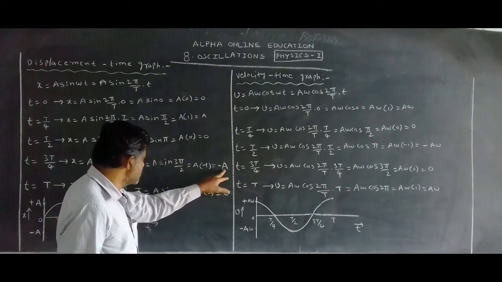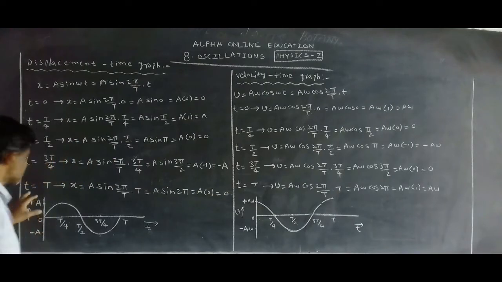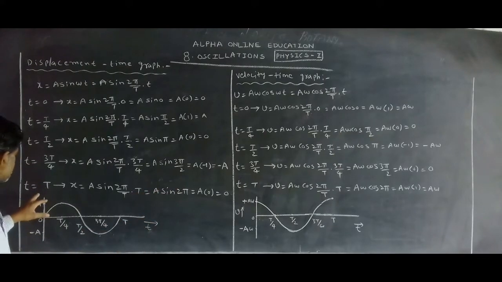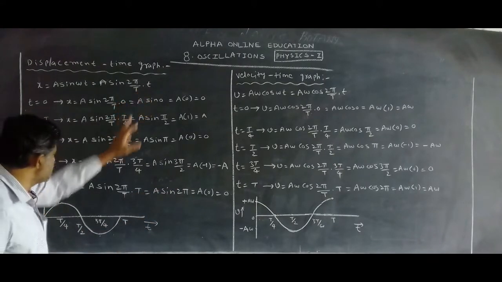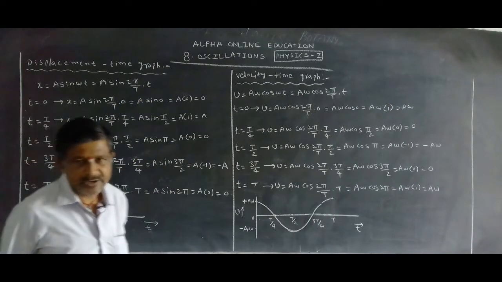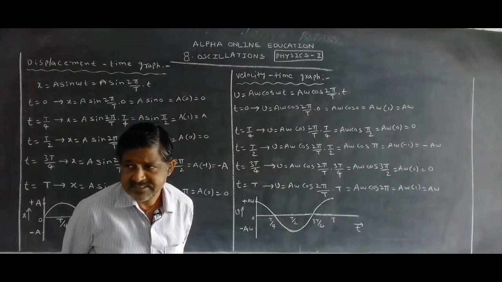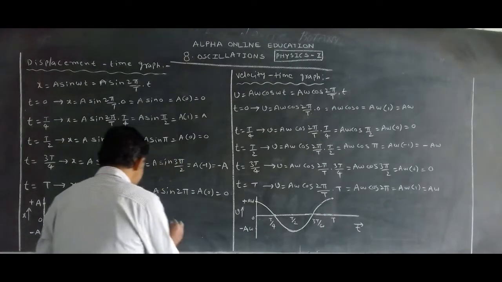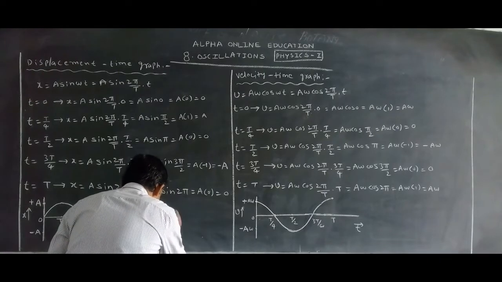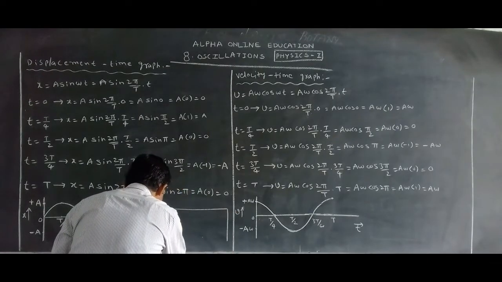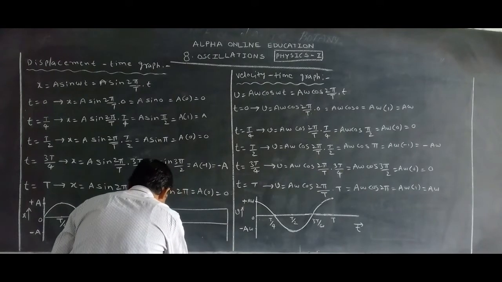So it becomes minus A. And the last one, t is equal to T, meaning the complete time period, the time taken for one oscillation. Substitute small t is equal to capital T; T cancels. Sin 2 pi means sin 360. Sin 360 is how much? 0.